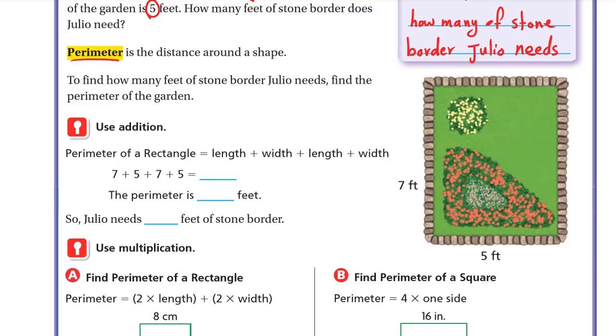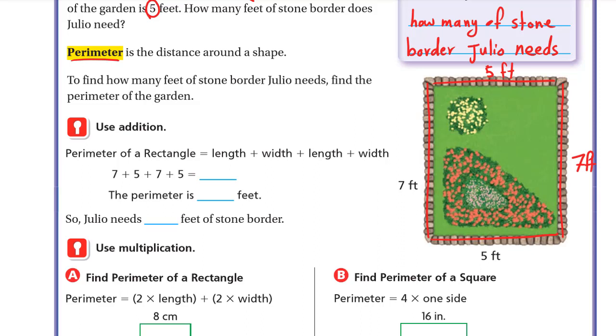So here, if this is 7 feet, so this also will be 7 feet. And if this is 5 feet, this also will be 5 feet. So to find the length of this border, we will add the length 2 times and we'll add the width 2 times.